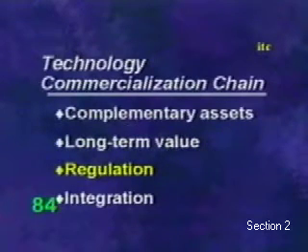It is important to regulate the speed of technology commercialization to suit market opportunity. The last stage is one of integration. This is where an organization disseminates and blends this new technology into all its business functions, from design to delivery.